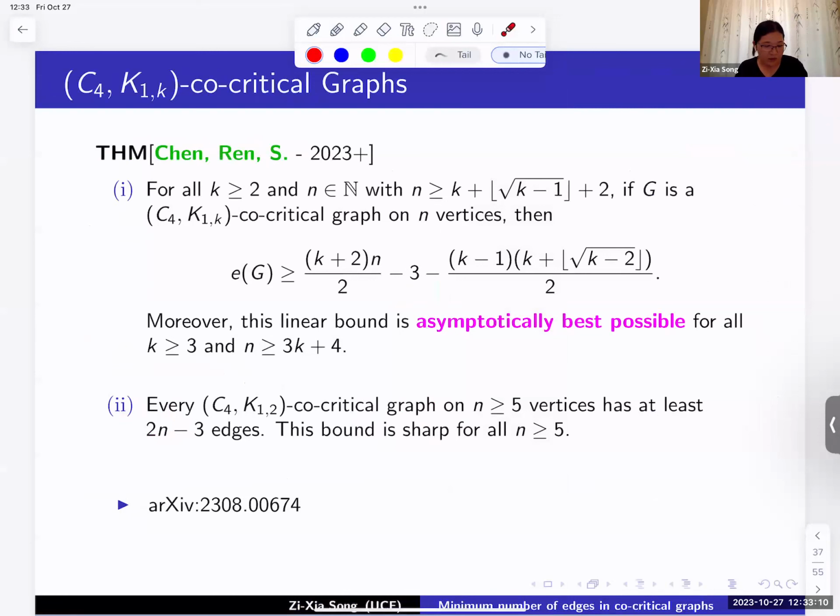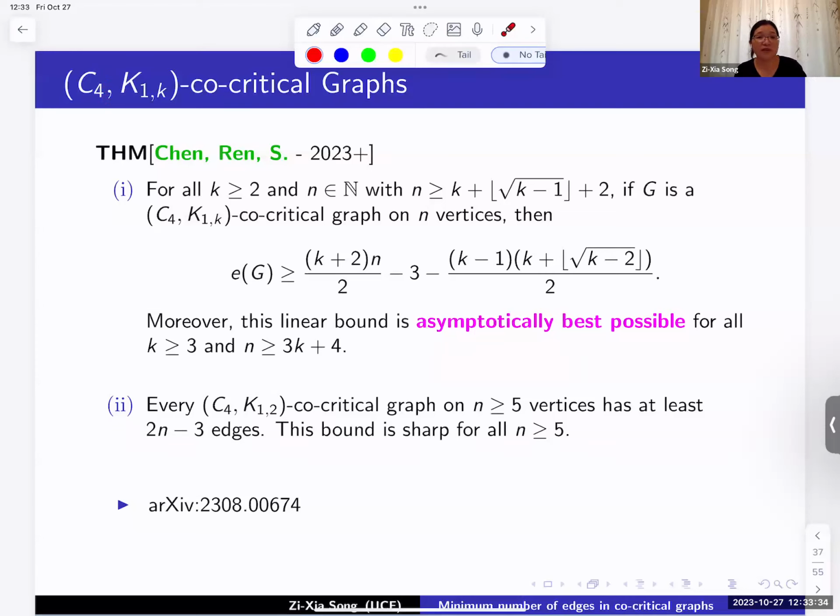Now, recently, this year with my visitor, Gang Chen, and his master student, Ren Chen, we wanted to see if you can do cycles. K3 is done, what about C3, what about C4?